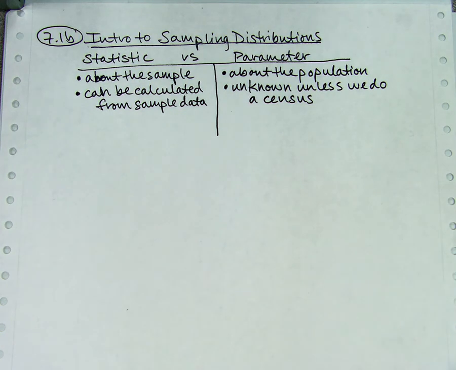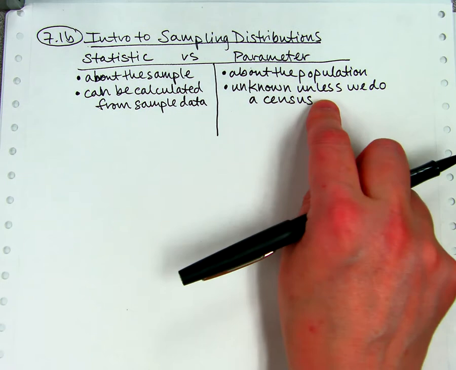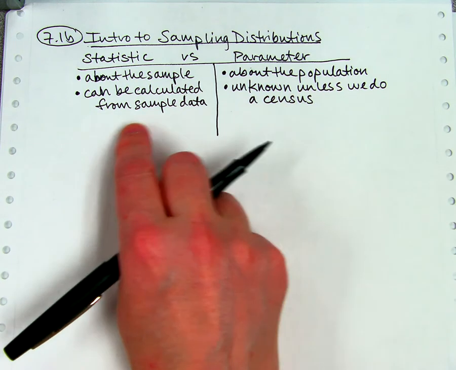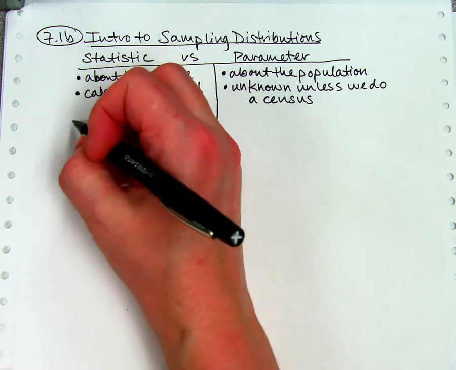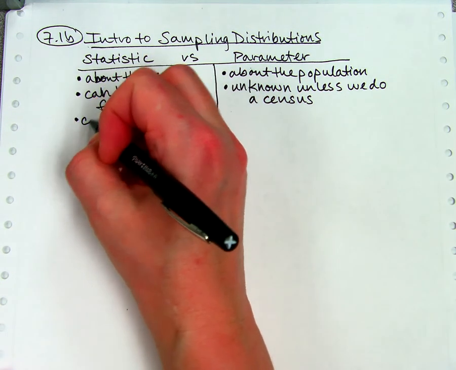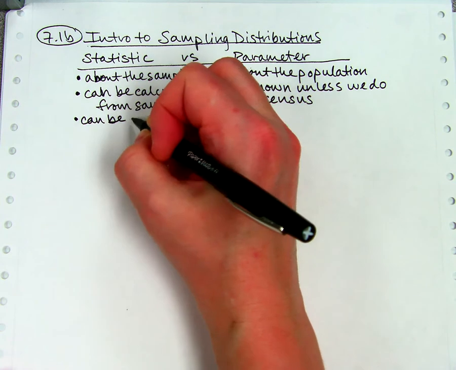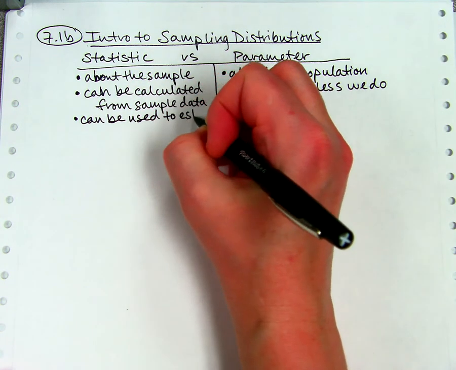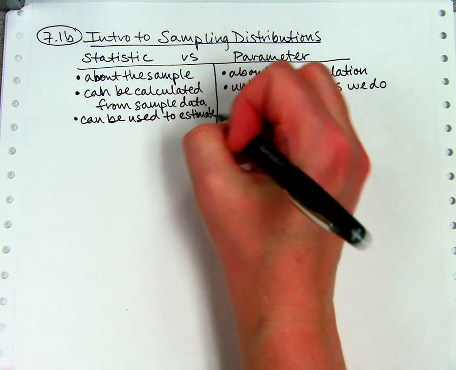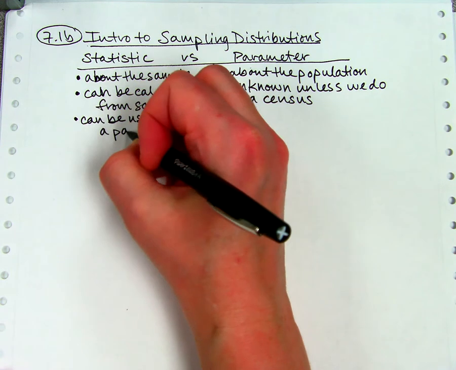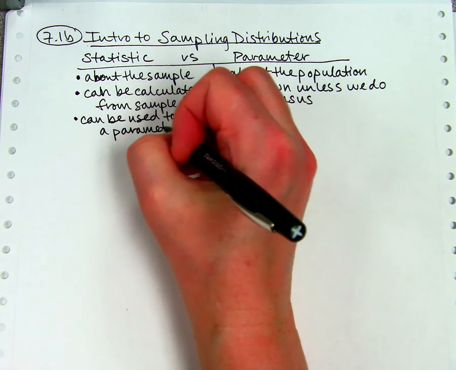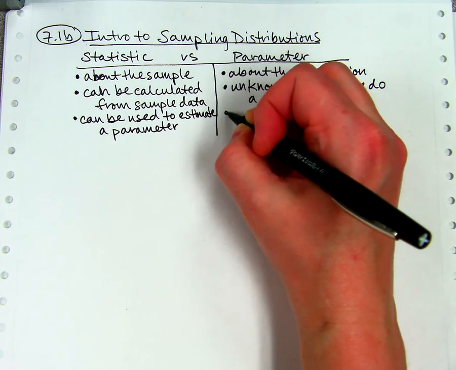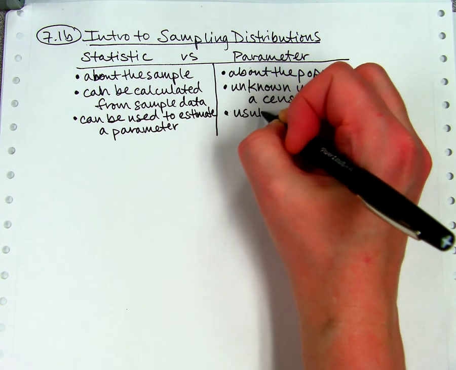But usually what we want to do is find out something about the population by calculating something about the sample. So the statistic can be used and will be used to estimate a parameter, because the parameter is usually what we want to know.